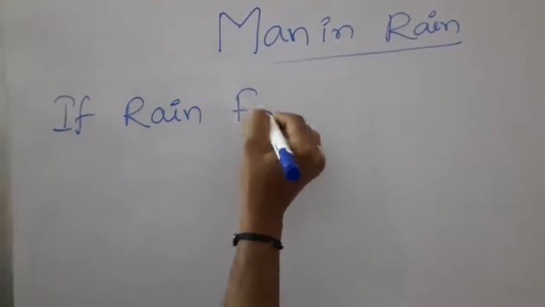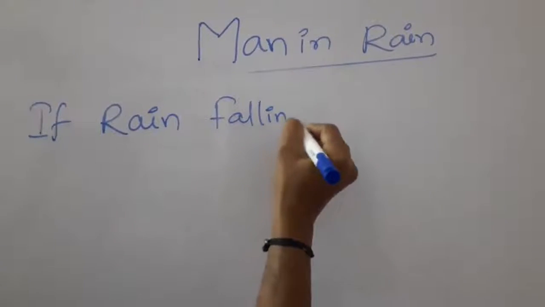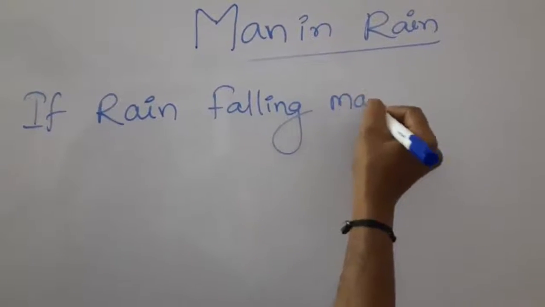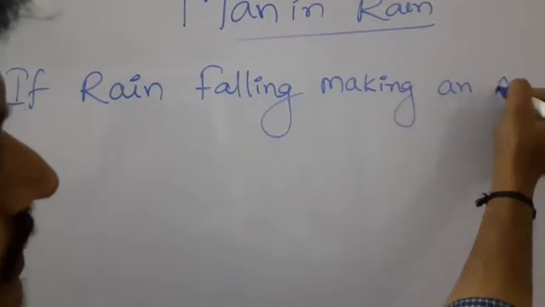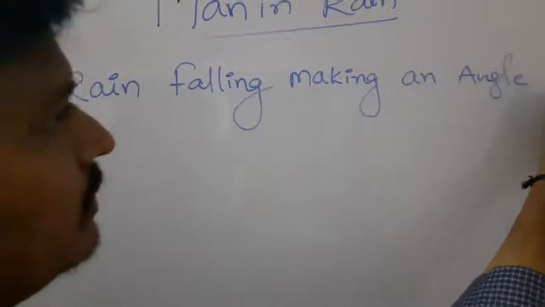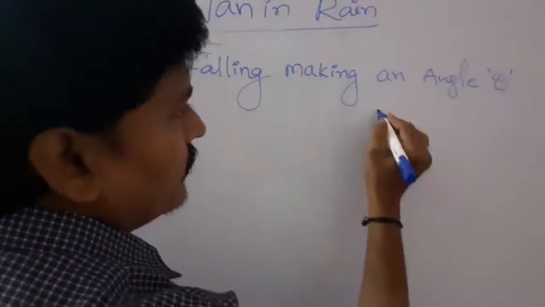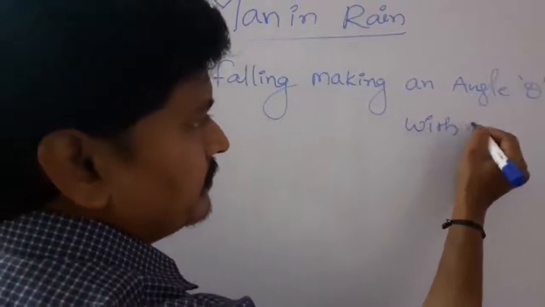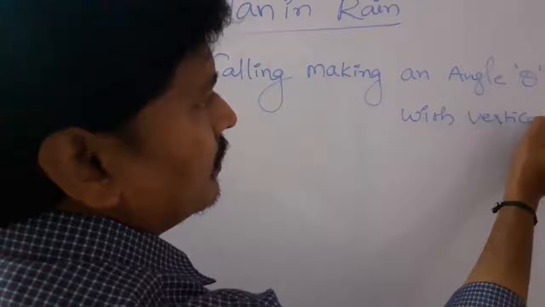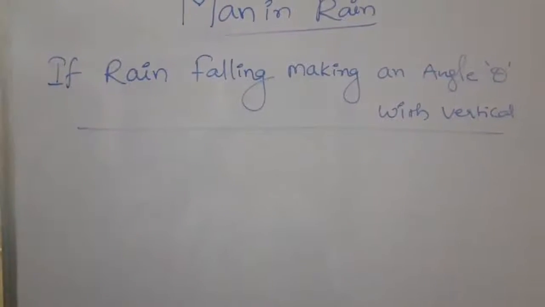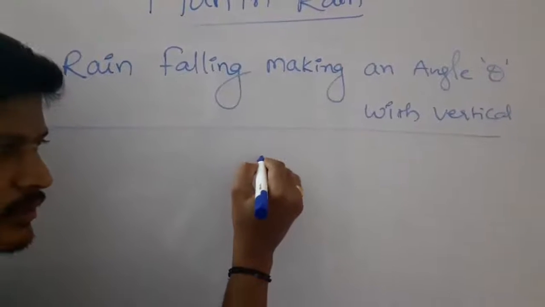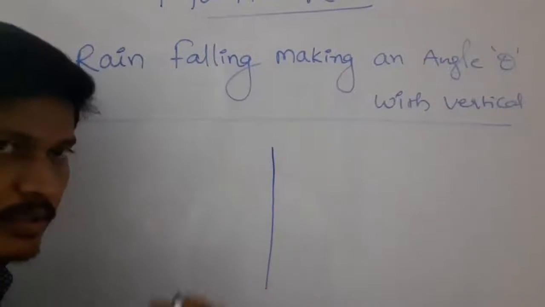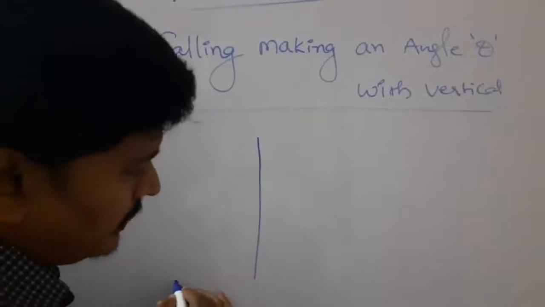Rain falling, making an angle theta with vertical. If rain is falling making an angle theta with the vertical, we can consider this is the vertical.